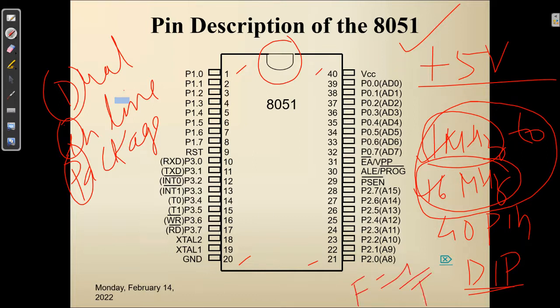So when your frequency is more, your time period is less. And if your time period is less, what is the speed of execution of the instruction? Whether the speed will be more or the speed will be less? More. Very good, very good.